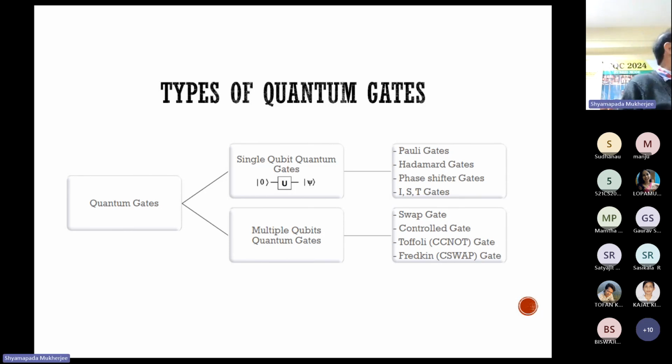Now you see what a Pauli gate is. Pauli X gate takes 0 to 1 and 1 to 0. And I have told you that any gate can be represented by a matrix. So that matrix is [0, 1; 1, 0], and this is a unitary matrix. In the circuit diagram, it is written as X, something like this, the circuit representation.